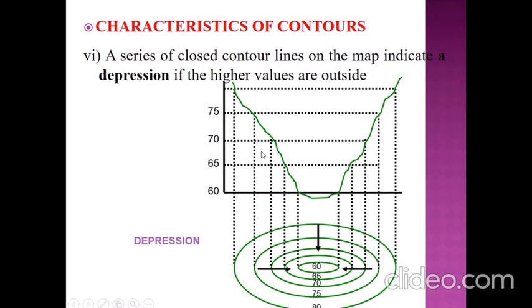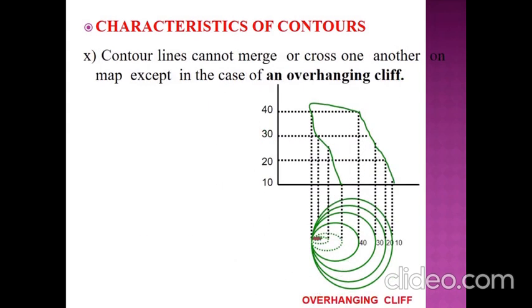The reduced levels of the points are in a decreasing direction. So you will get the plan of that valley in terms of contour lines, and at that time the smallest value is inside and the largest value is outside. So this is also one characteristic of a contour.